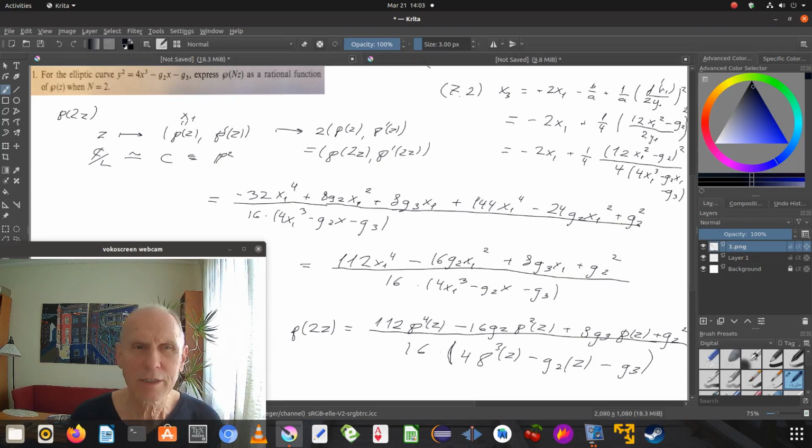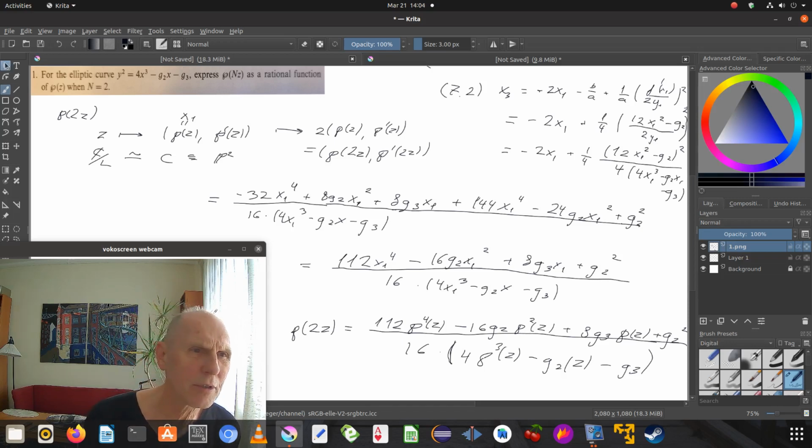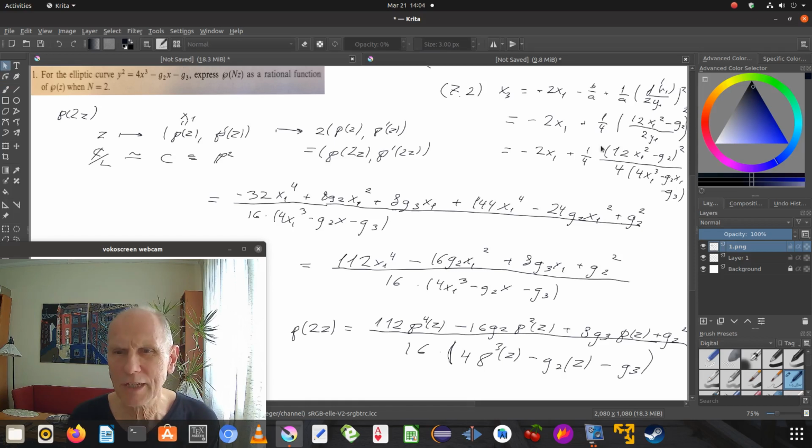This is the double point, the x value of the double point. Here we have it. Let's rather use this, and that should actually give the same x value. So this should be equal to x1.